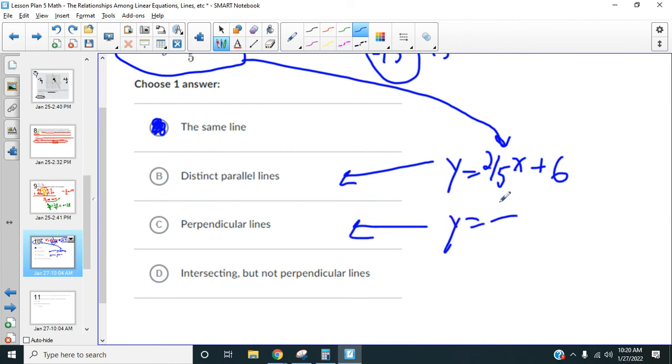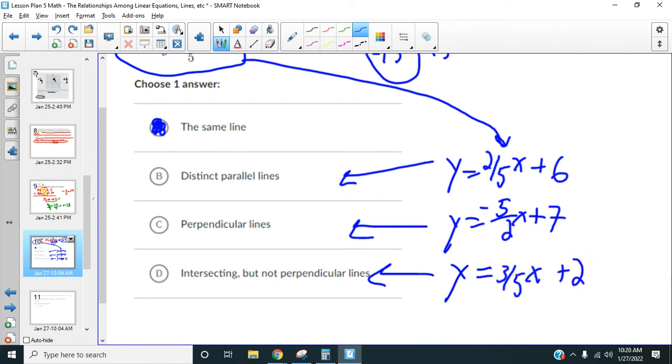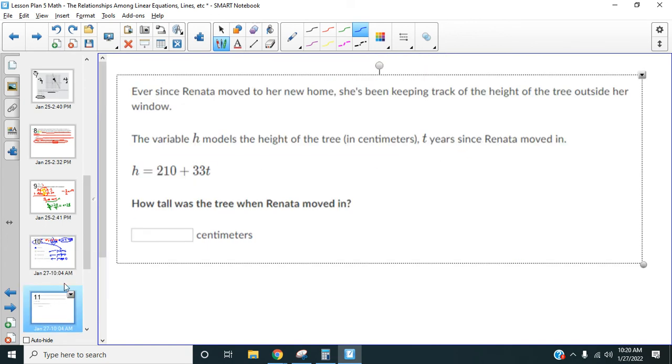We'd have to flip the slope and make it negative. And then any other number here, like that. What would make them intersecting but not perpendicular? Well, any other slope other than 2/5. Anything else. Something like that, whatever. Okay, another assignment is this one.